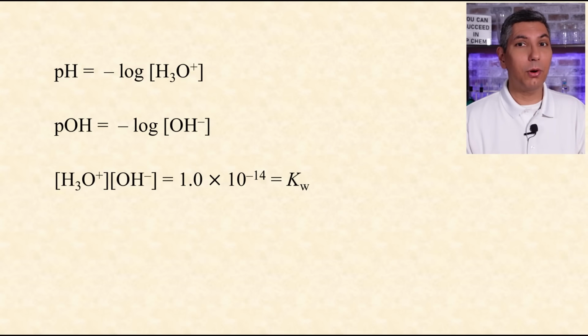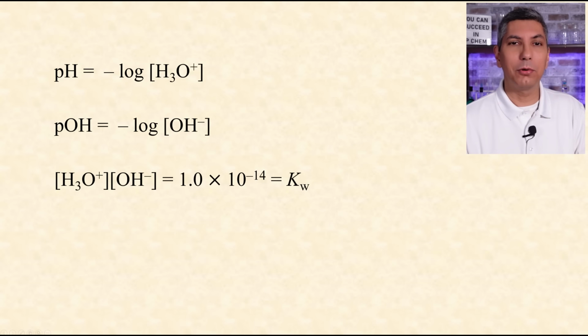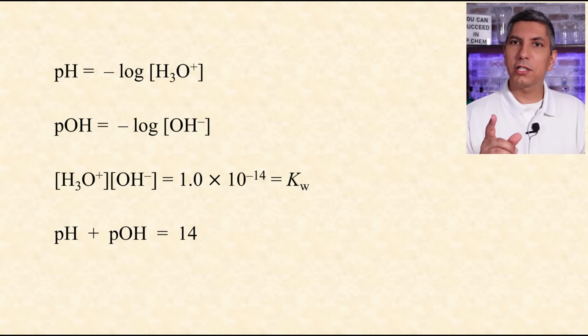At 25 degrees Celsius, the concentration of hydronium ions in an aqueous solution times the concentration of hydroxide ions always equals 1 times 10 to the negative 14th power. We call that product Kw.